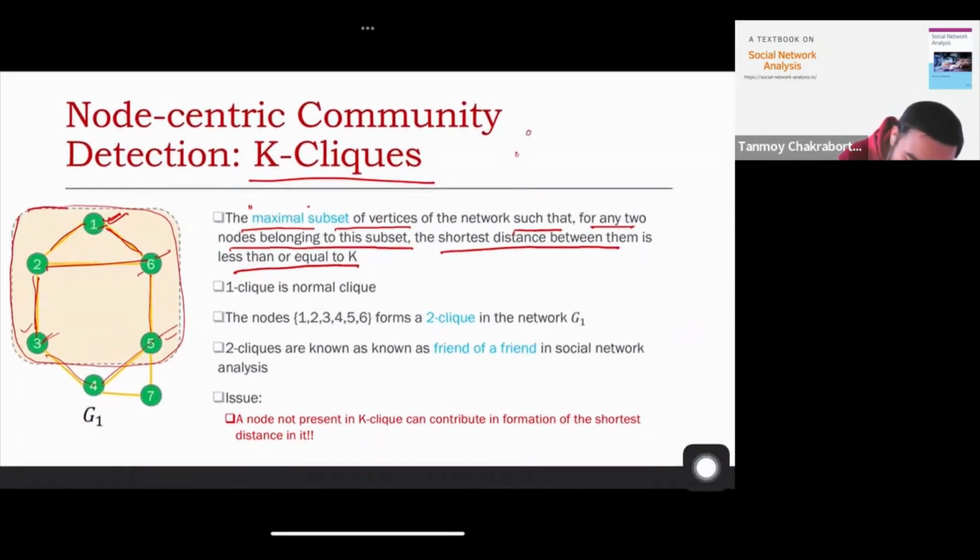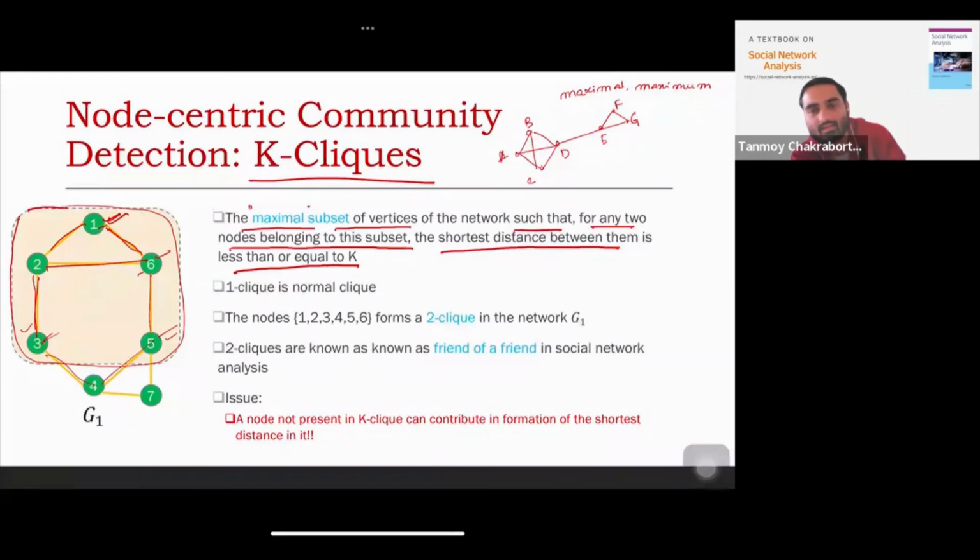Let's assume that you have a structure like this, with nodes A, B, C, D, E, F, G. Let's assume that the task is to detect a clique, or the maximum clique.